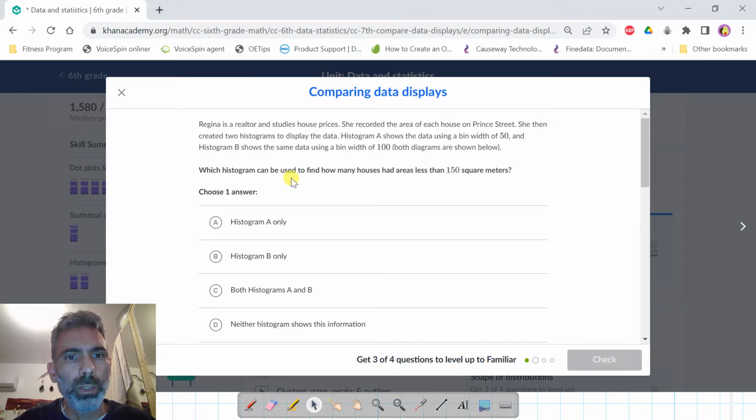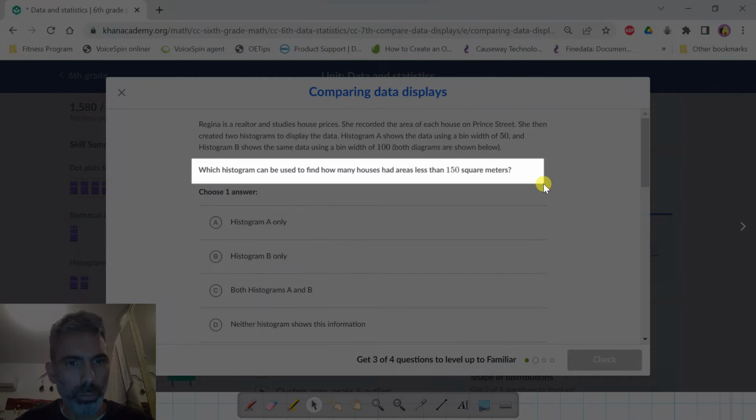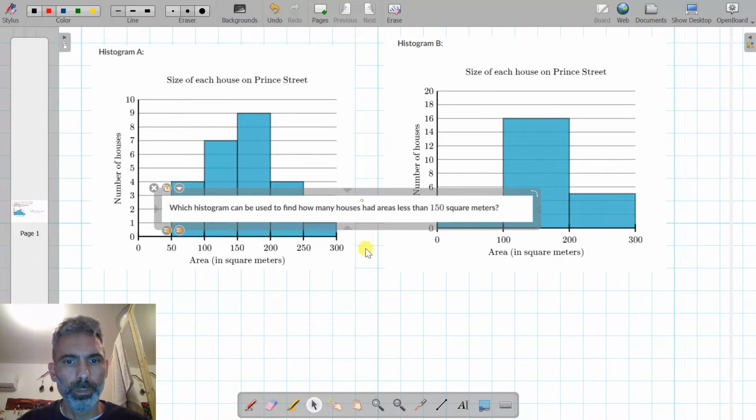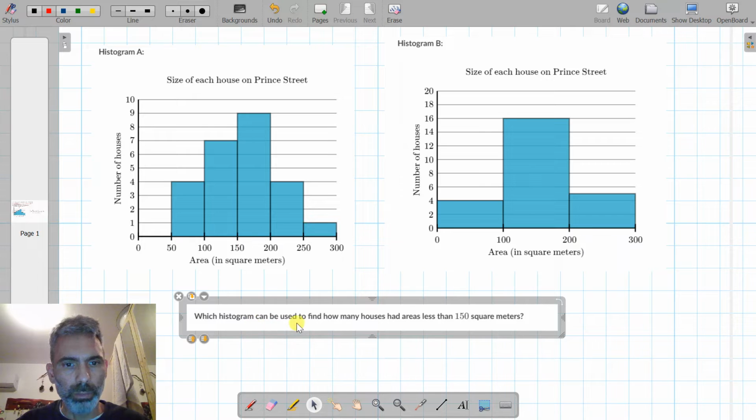Which histogram can be used to find, I'll copy the question as well. Which histogram can be used to find how many houses had areas less than 150 square meters?